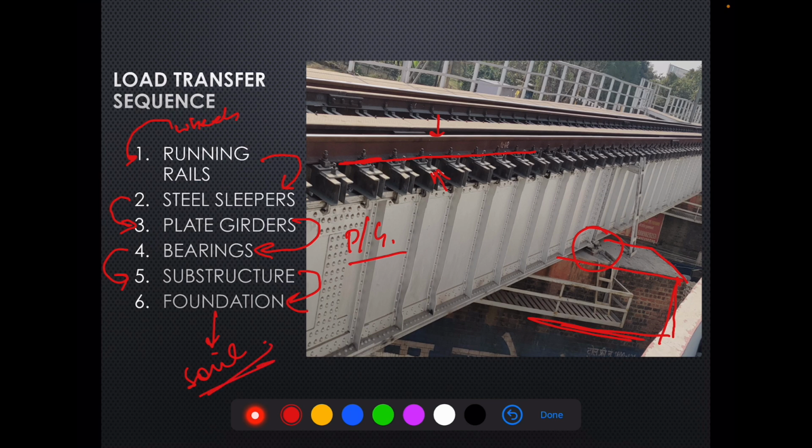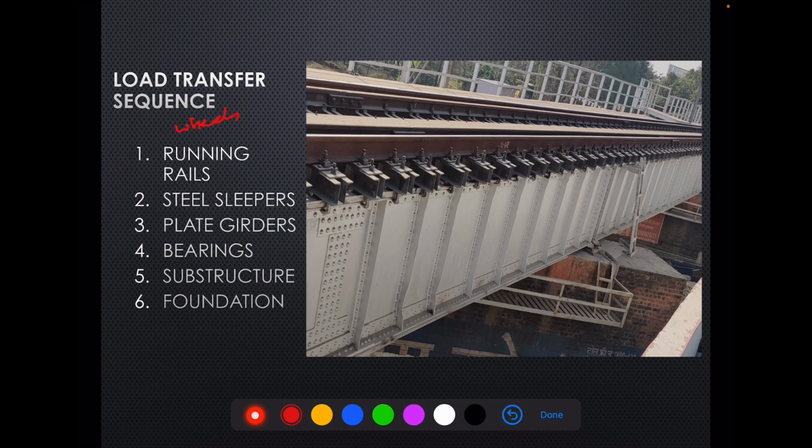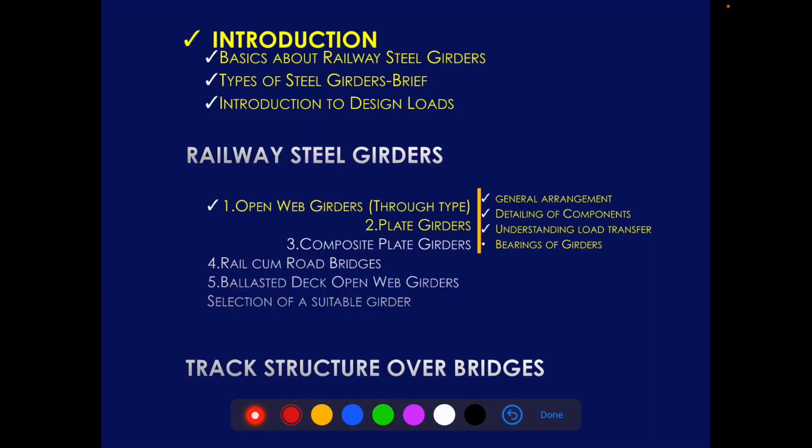This is the load transfer sequence by which the loads from trains are transferred to the soil. This is quite simple because plate girders are very simple structures. I hope this simple arrangement has been understood by the listeners. Now we have finished this portion, understanding the load transfer.